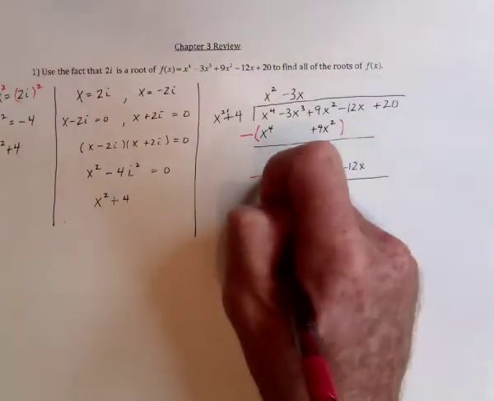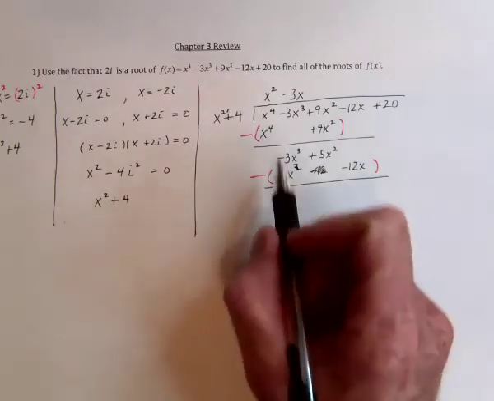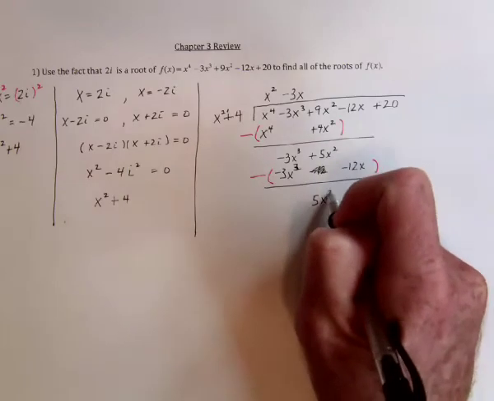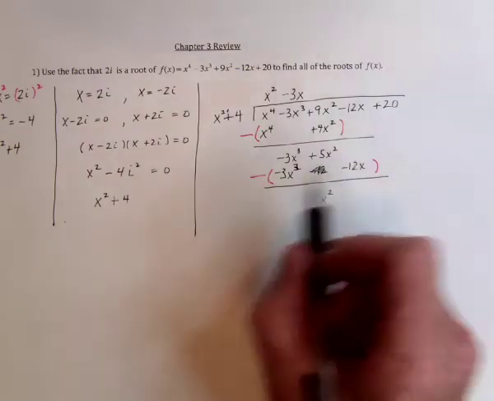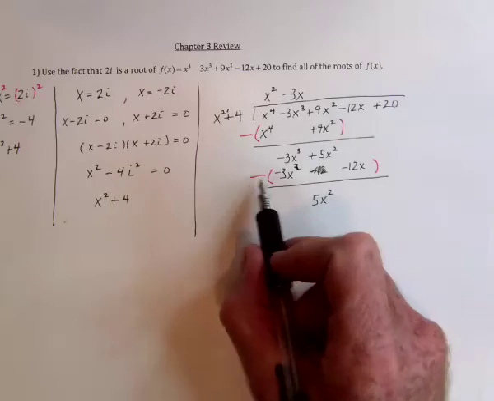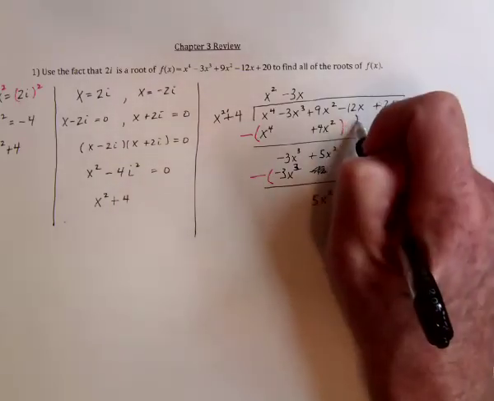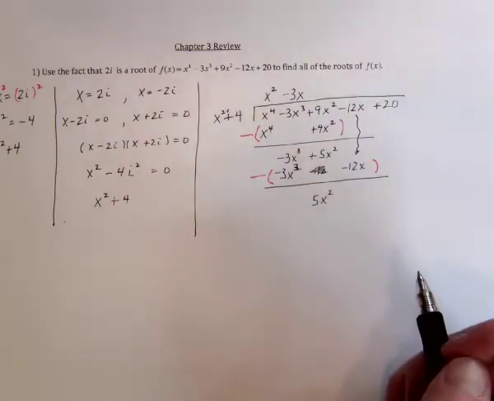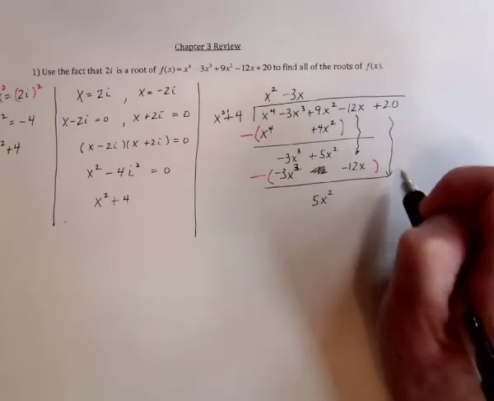And then subtract this line. These are going to cancel. 5x squared has nothing to combine with, so it stays there. And then we've got, well, this together with this is a positive 12x, but when we carry down this negative 12x, they're going to cancel. And then carry down this positive 20.